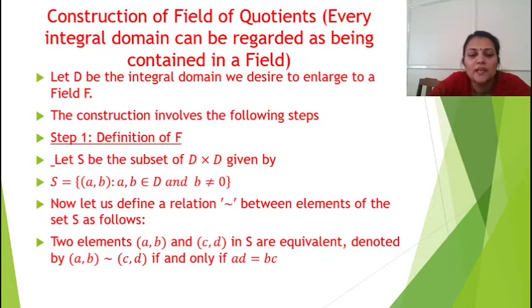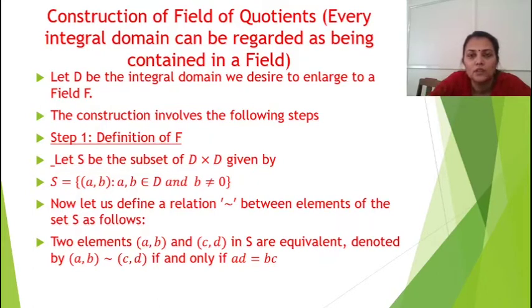Two elements (a, b) and (c, d) in S are equivalent, denoted (a, b) ~ (c, d), if and only if ad equals bc. If we consider (a, b) as a/b and (c, d) as c/d, and a/b equals c/d, then cross multiplication gives ad equals bc.